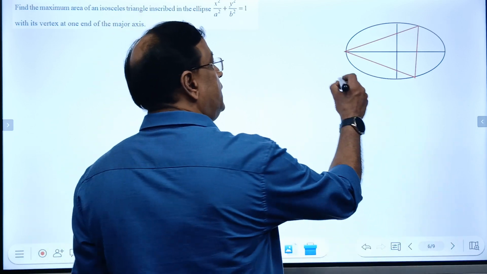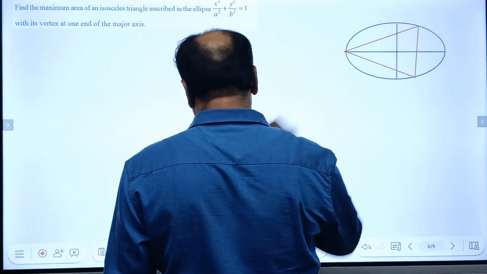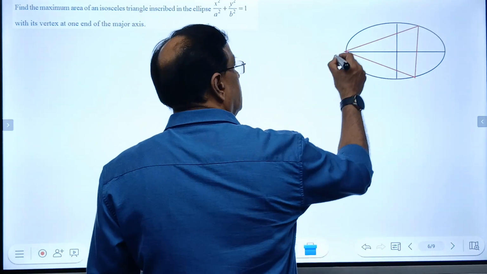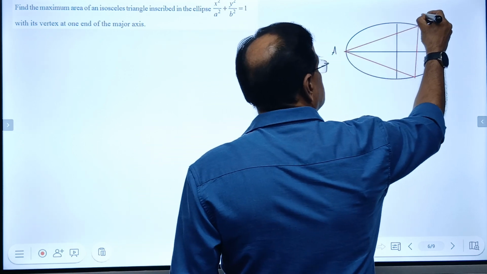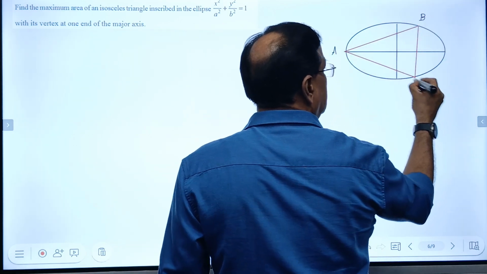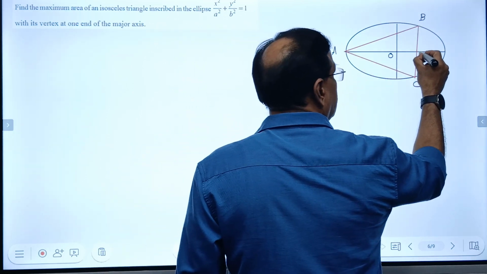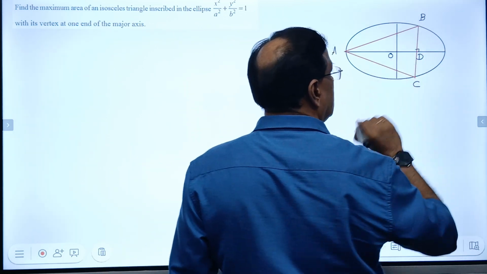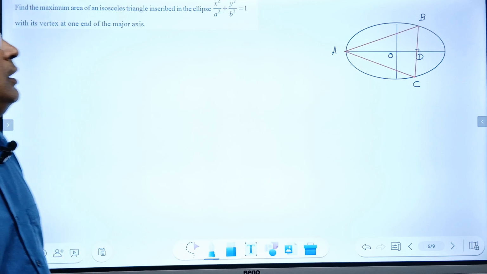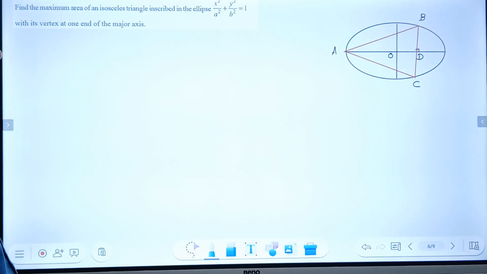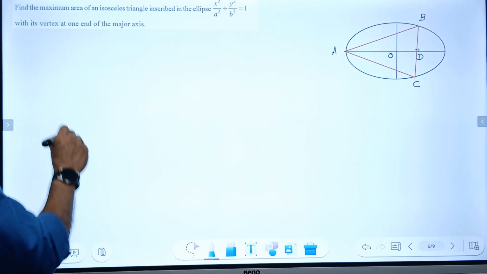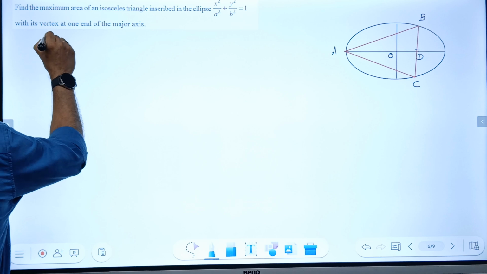Let me name this as A, this as B, and this as C. O is the center of the ellipse and D is the perpendicular foot. Now I want to maximize the area. Remember, everything about the ellipse is a constant.